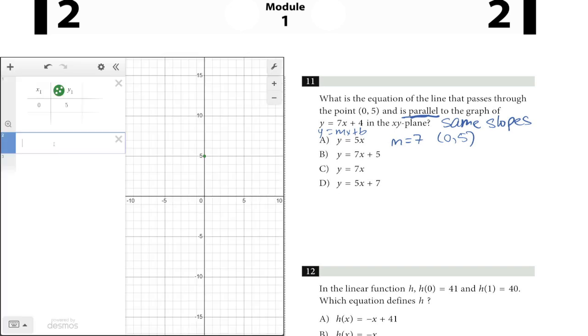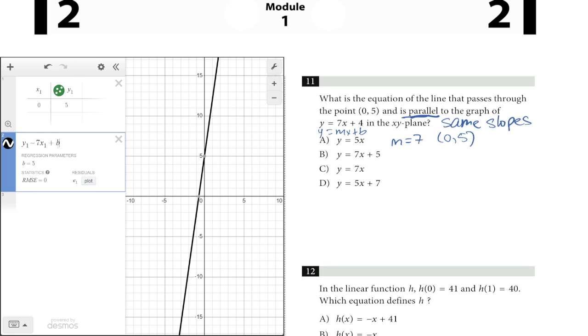You have to do y1 tilde m, and we know what m is, so we're going to put 7x1 plus b. And here it tells us that our b is 5, so we can now say that our line is y equals 7x plus 5.